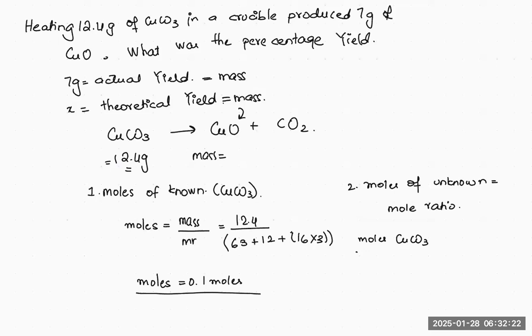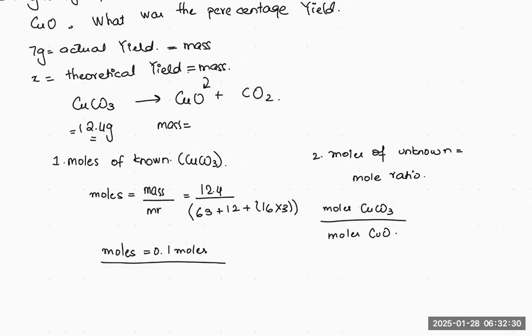So moles of copper carbonate are 0.1. The moles of copper oxide are unknown. Is equal to. After you write down the equal to, you write down the balancing. How many copper carbonate? 1. How many copper oxide? 1. So you cross multiply and you get the value of X. So moles of copper oxide come out as 0.1. Copper oxide will have the same number of moles, 0.1.